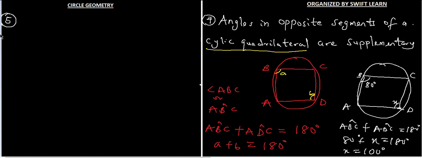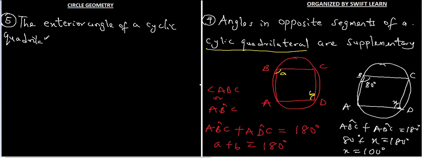The fifth law says the exterior angle of a cyclic quadrilateral is equal to the opposite interior angle.